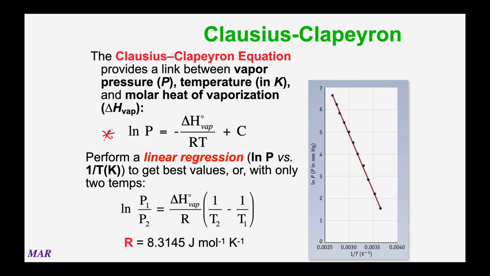First of all, natural log is different than base 10 log. On a calculator, usually there's an LN button and a LOG button. You want to make sure you use the natural log, which is LN, and not the base 10 log, which is LOG. The vapor pressure values are usually in millimeters of mercury.